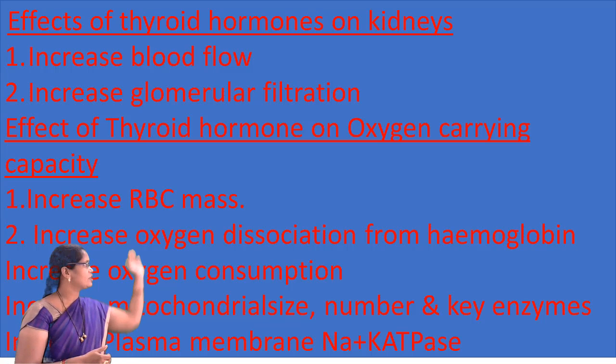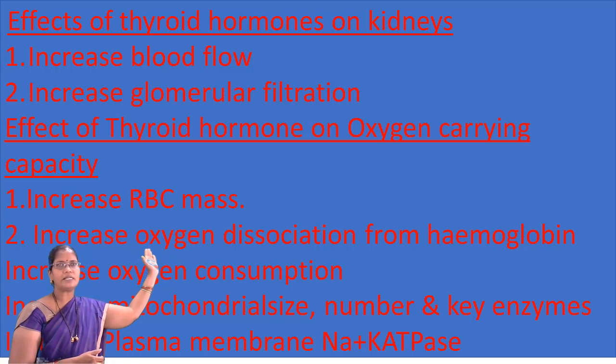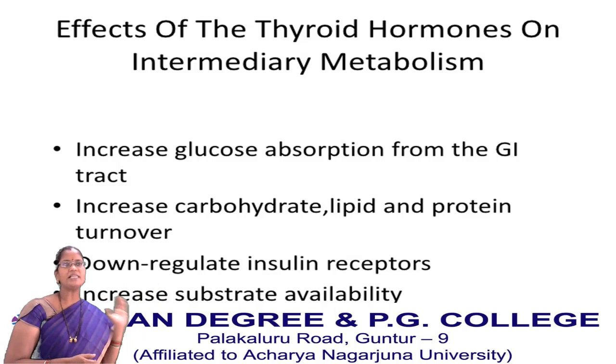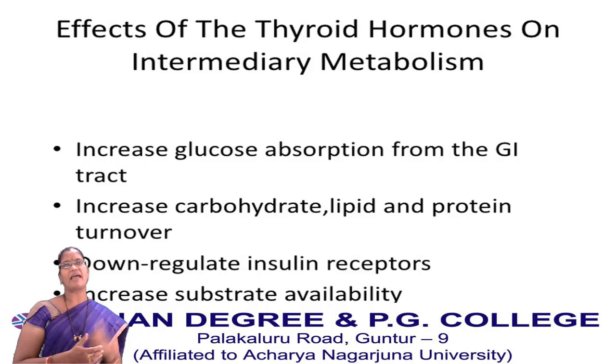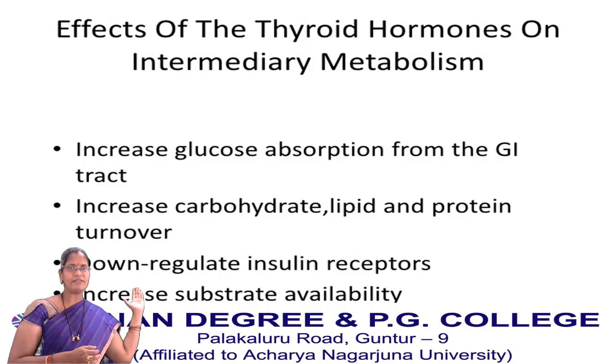Now we will see the effect of thyroid hormones on intermediary metabolism. Mainly thyroid hormones increase glucose absorption from the gastrointestinal tract. Next, they increase carbohydrate, lipid, and protein turnover. They downregulate the insulin receptors. Next, they increase the substrate availability.